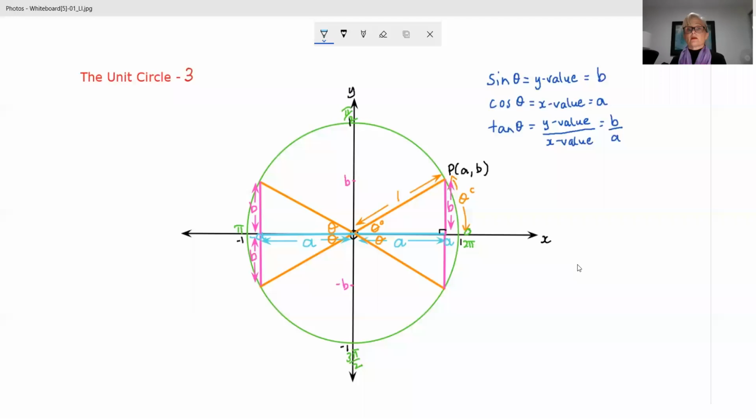Now, of course, we have our x value is our cosine, and our tan is our y value divided by our x value, or in fact sine divided by cosine.